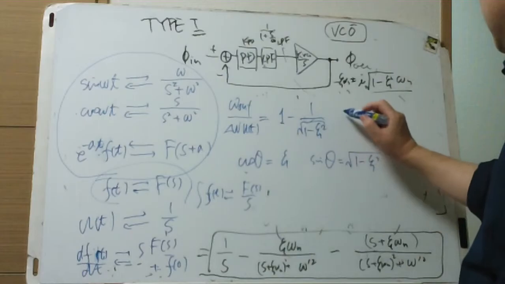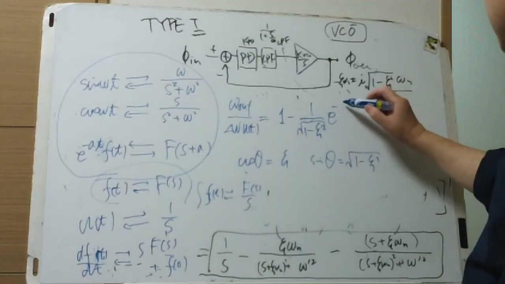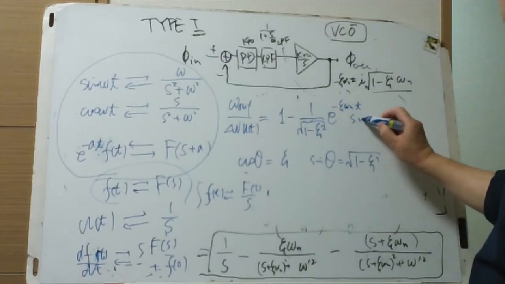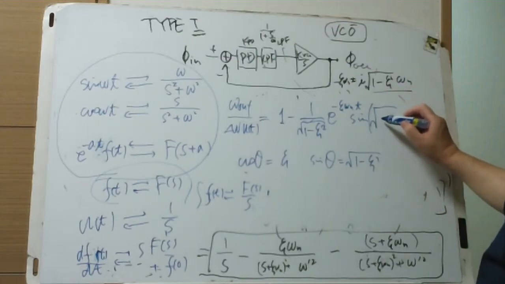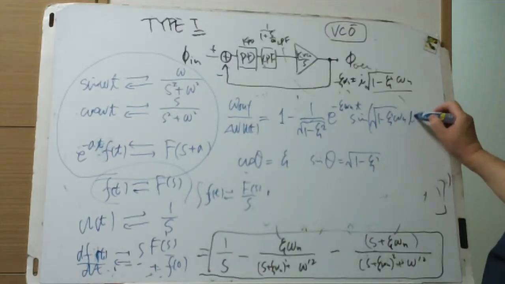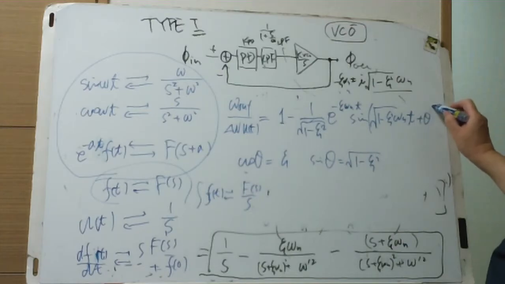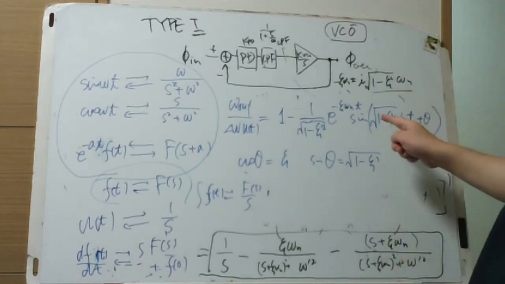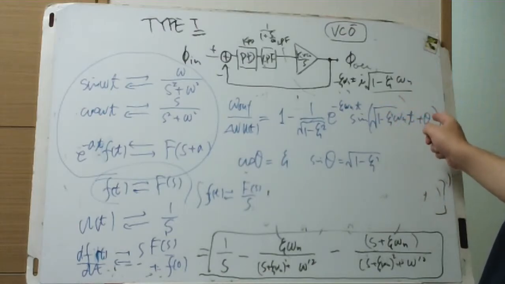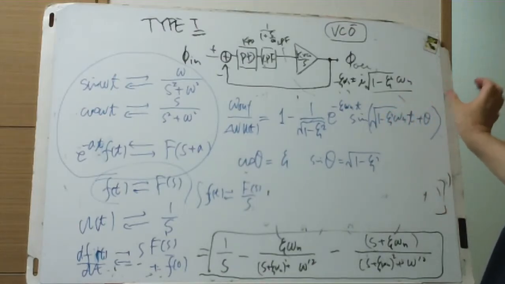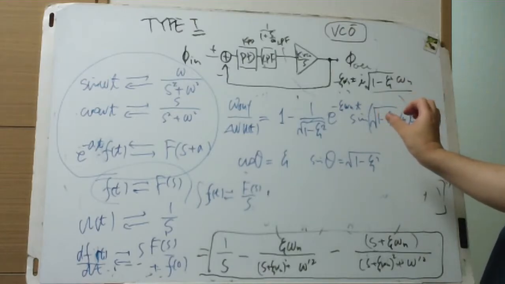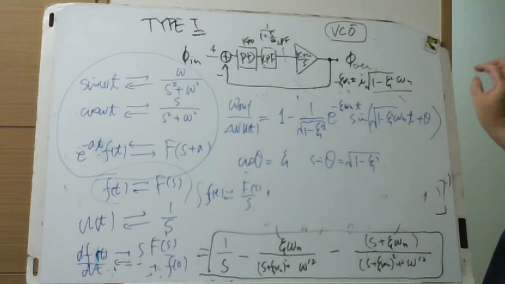We can write this equation: exponential minus zeta omega n t times sine of square root 1 minus zeta squared omega n t plus theta, and theta is this.